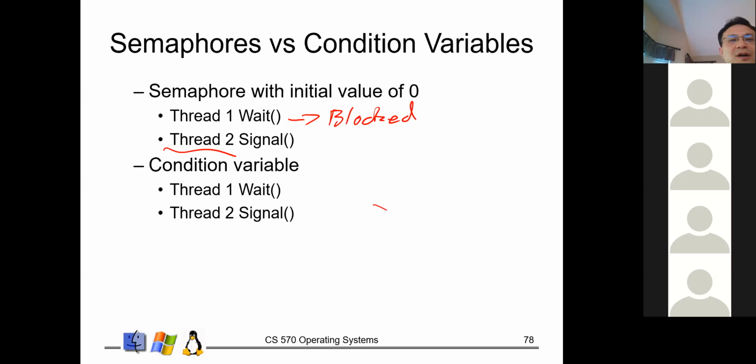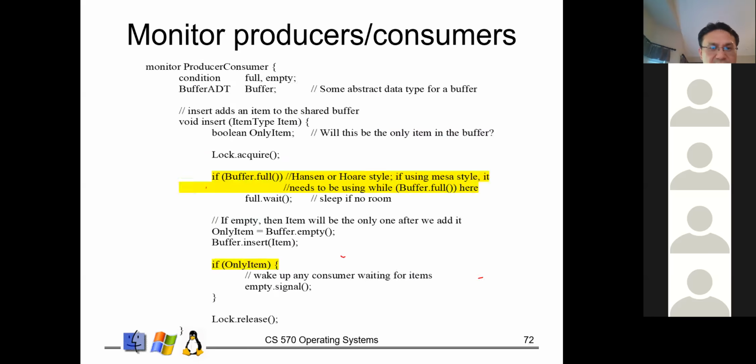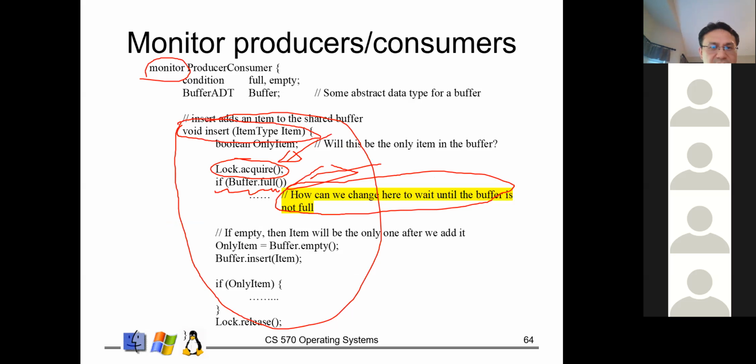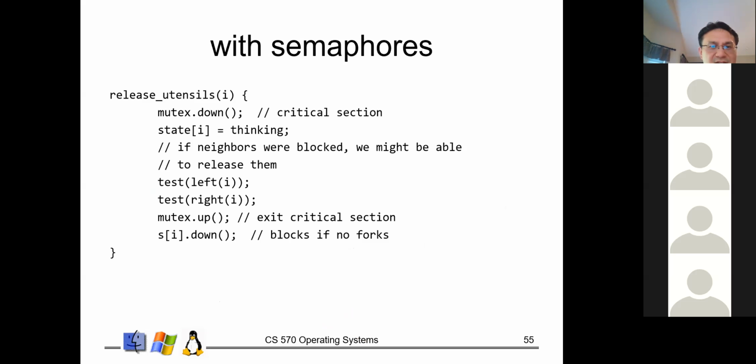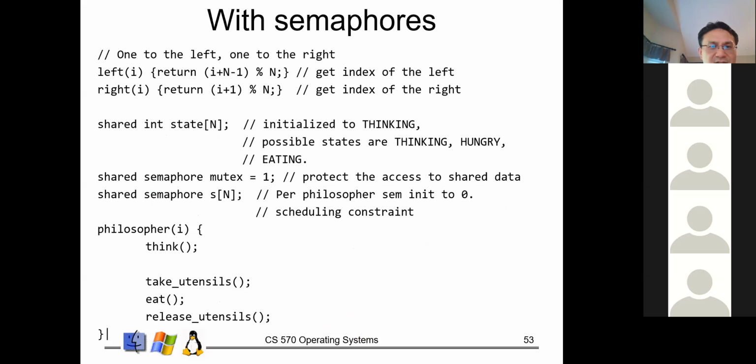Thread 2 calling the signal means, let's put -1 here for the semaphore, the semaphore will become 0 again. Once it becomes 0, remember, let me, okay. Where is that? Oops.